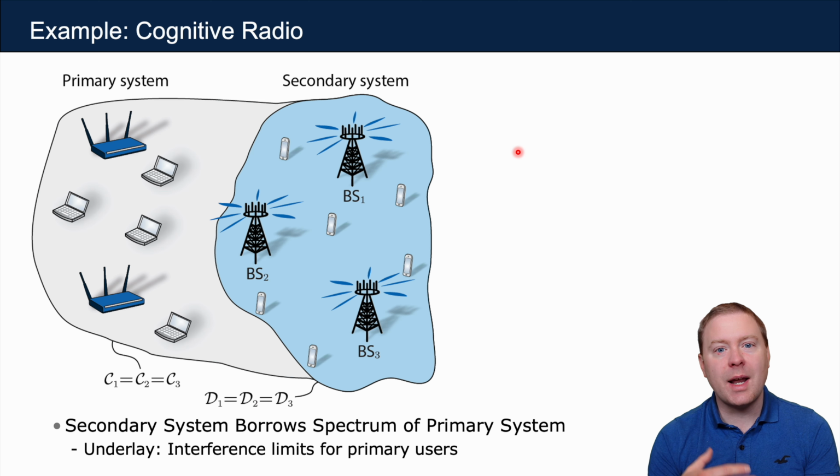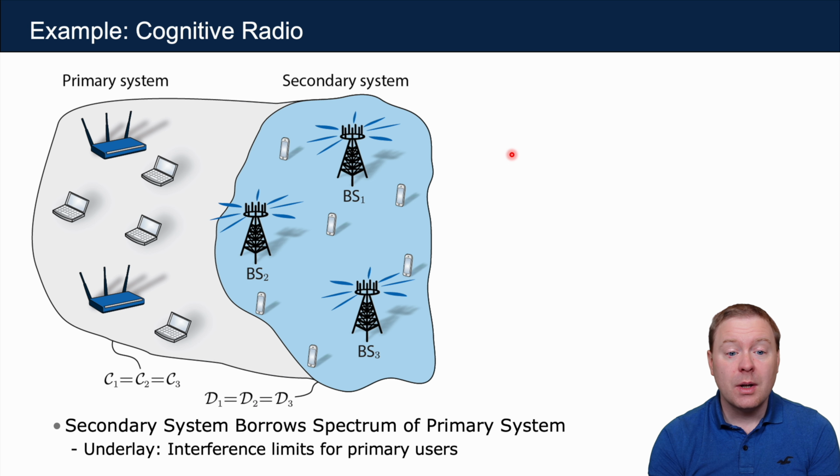You can also use dynamic operation clusters to model a cognitive radio system, where you have a primary system that is using the spectrum for something, communication or something else, and then you are considering a secondary system that is borrowing the spectrum, and it's using it to do data transmission to some users here, which are in their base station's inner cells.